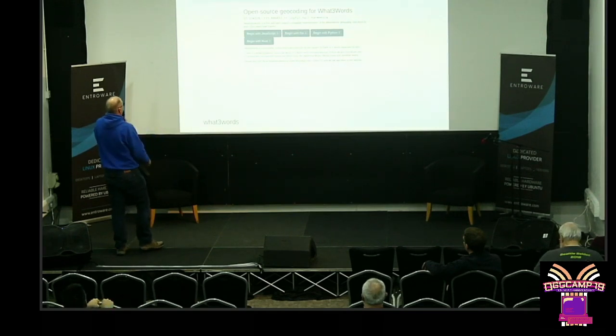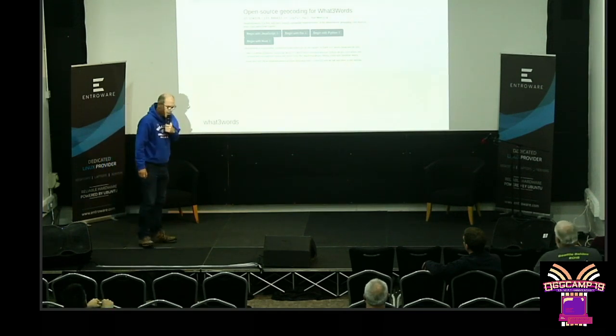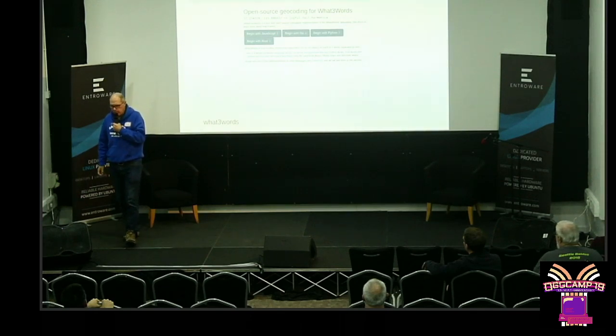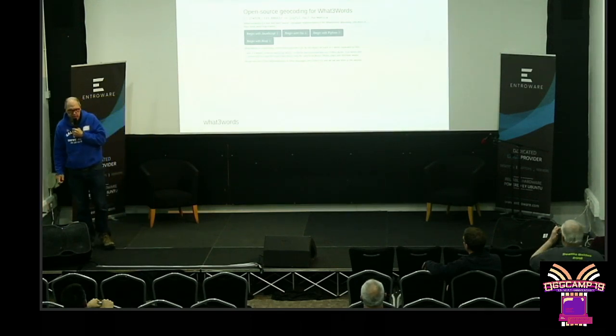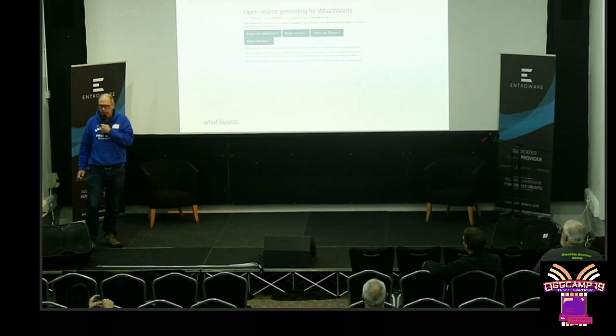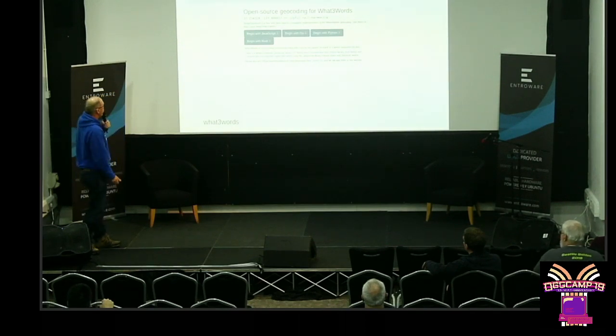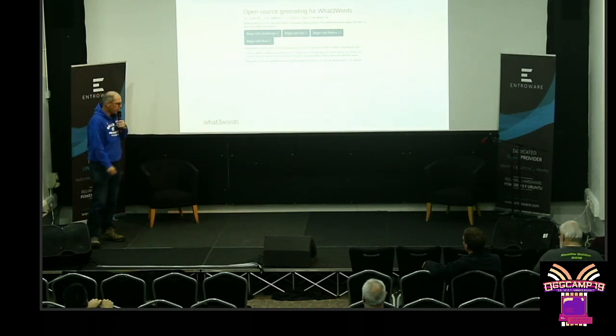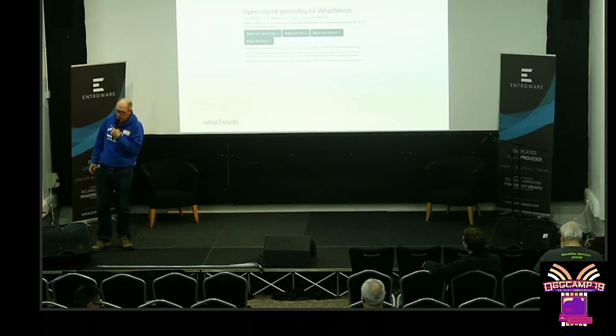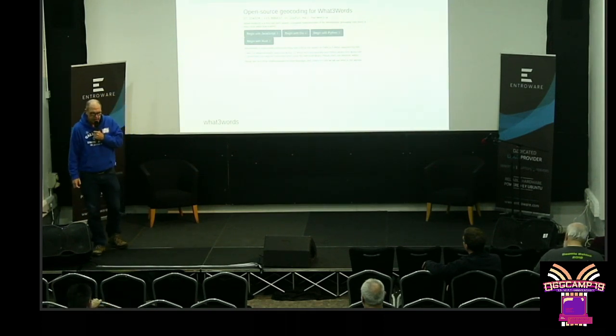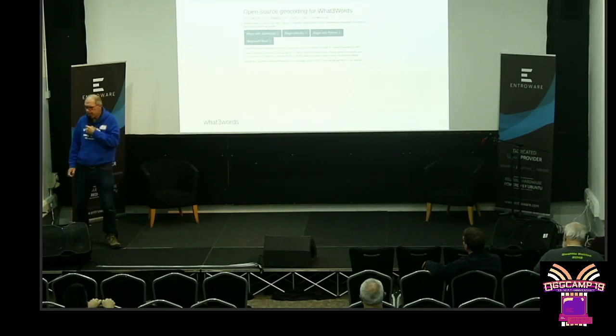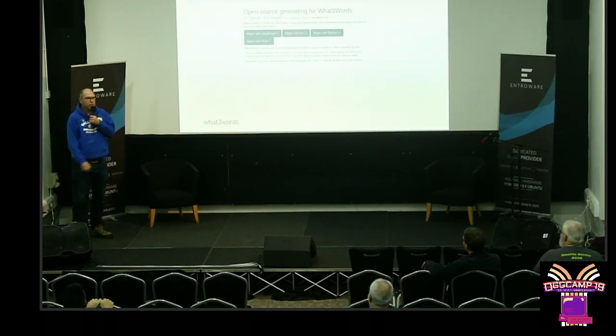What Three Words has come out and has tussled with them trying to open up their algorithm and make it freely available, and has been hit with lots of DMCA takedown notices and things like that. The What Three Words people have been very aggressive. So essentially my message is, don't use What Three Words.